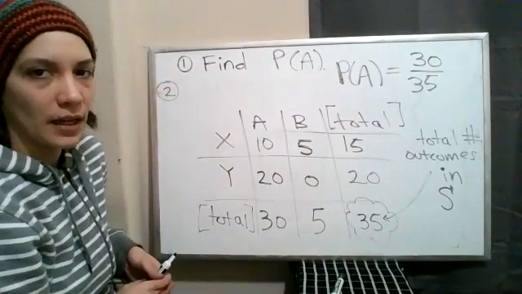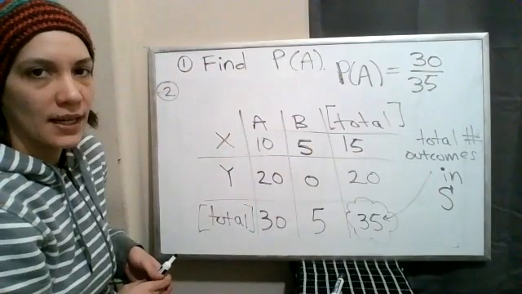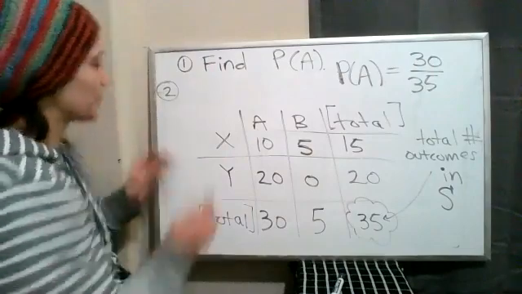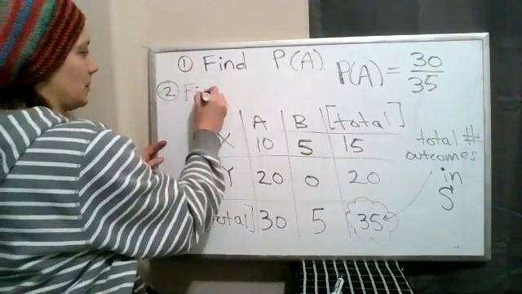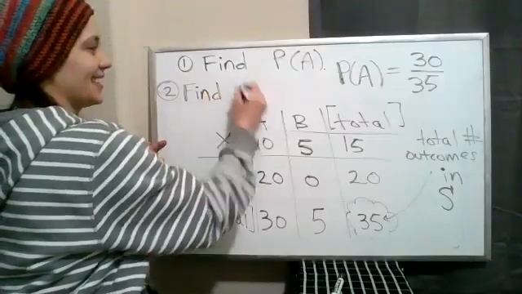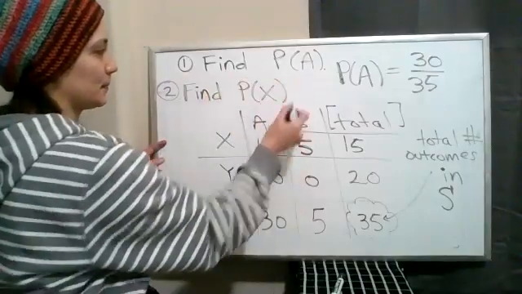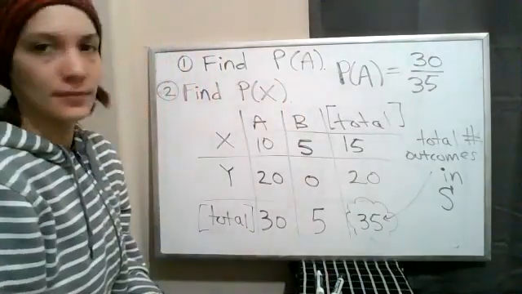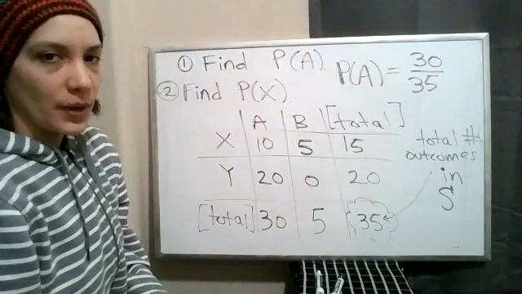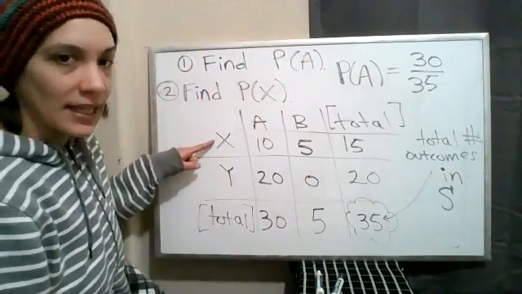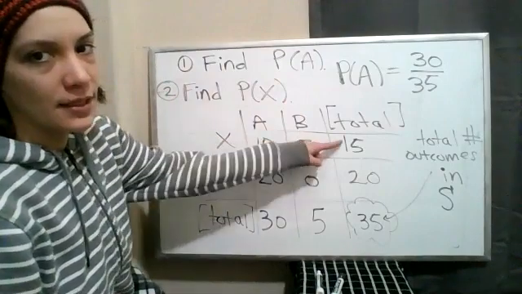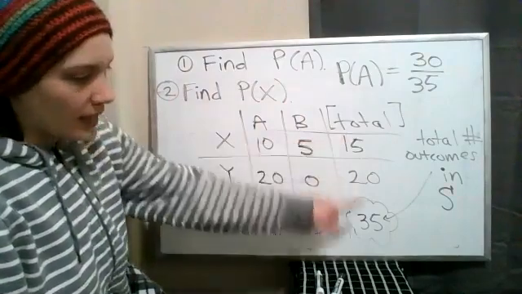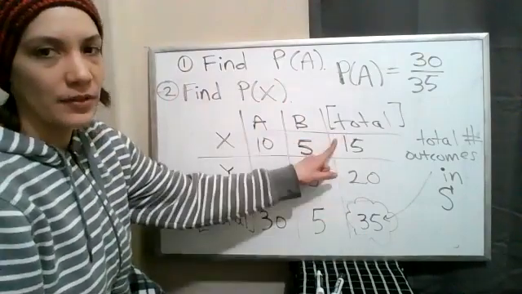Find the probability of X. For this one, we find X and get its total. So total for X is 15. And then the probability is 15 out of the number of elements in S, 15 out of 35.